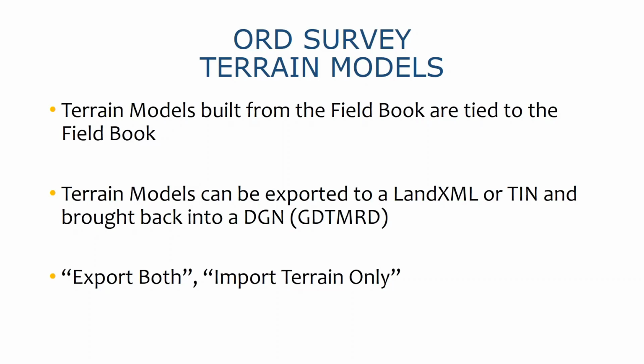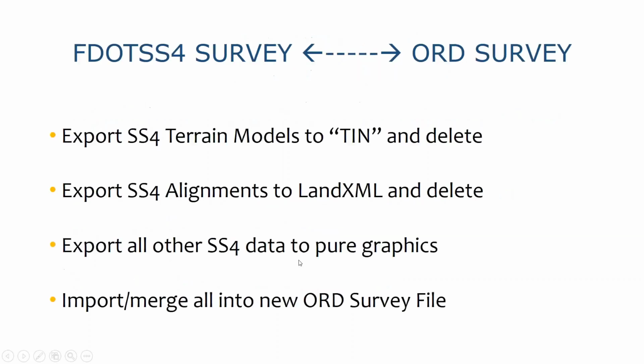In fact, I think Bentley recommends use of TIN because that's their format, and it goes back and forth between different platforms that Bentley has very well. When you have a choice on a land.xml, you want to export both and import terrain only.